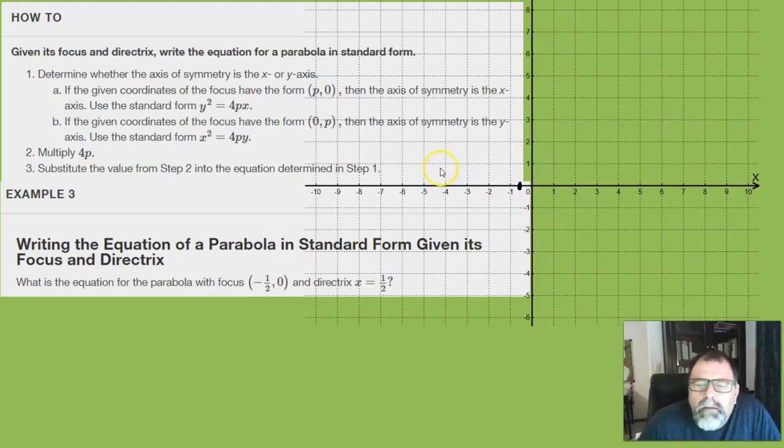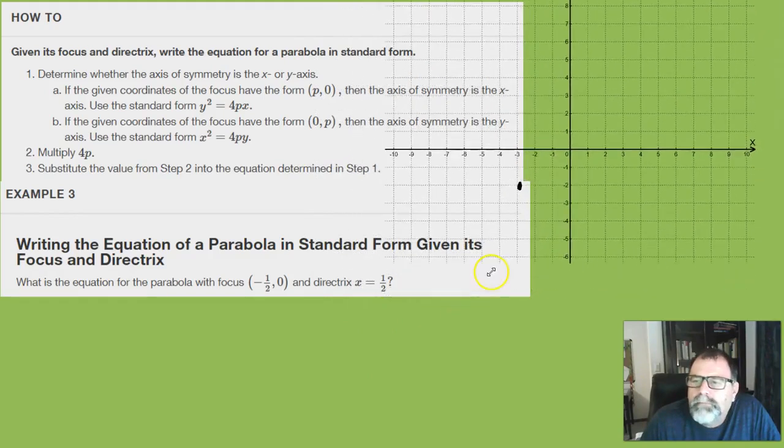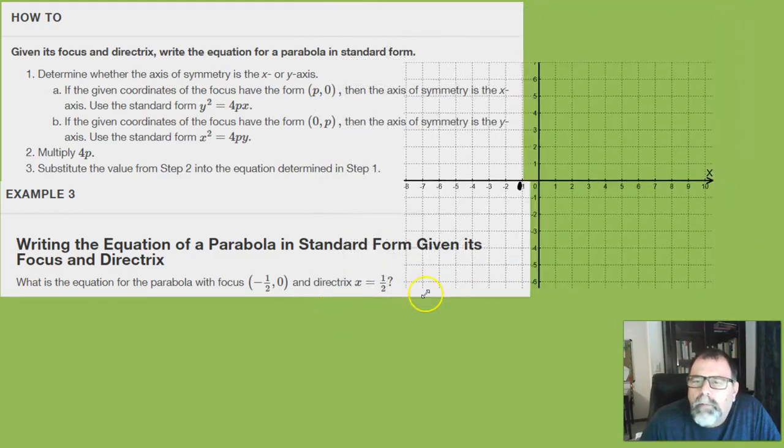And the directrix is x equals 1/2. Normally I just do a sketch.